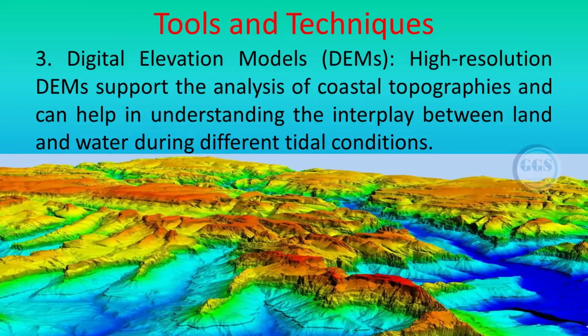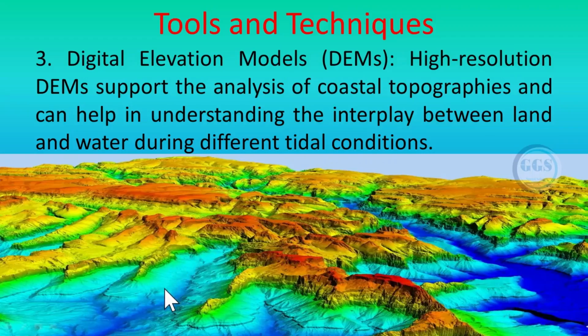High-resolution digital elevation models support the analysis of coastal topographies and can help in understanding the interplay between land and water during different tidal conditions. For instance, if you look at this very image, you can see this is a typical example of a digital elevation model.